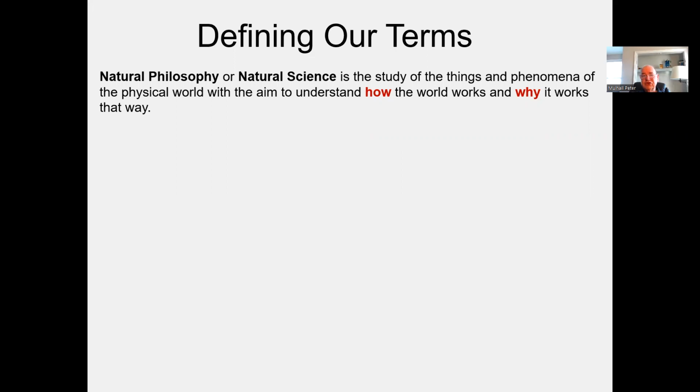I've emphasized these two words, how and why. We'll think about that a little bit this morning, because it'll be coming up all the time as we look at these evolving theories. Are we learning about how things work, or are we also learning about why things work that way, why the world works that way? There's a distinction between them, and we'll start making that distinction this morning.